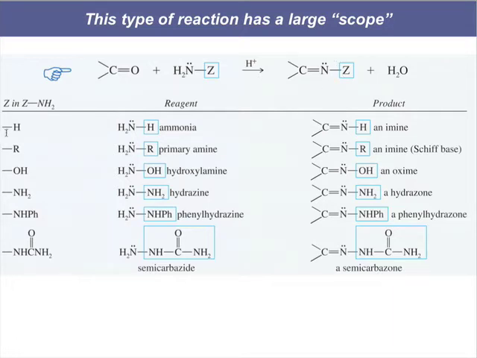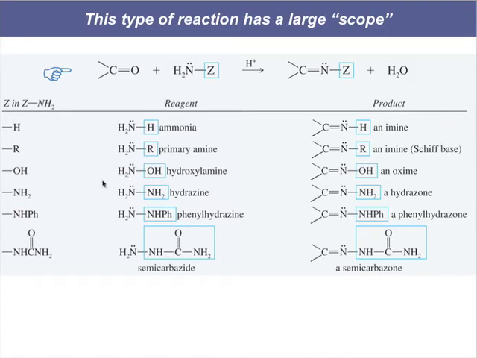If it's an H, so for example, H2NH will get us that. Then our product is an imine. We'll have C double bond NH. If it's an R, so H2NR, a primary amine would be our nucleophile here, then our product will have the C double bond NR. That's also called an imine, but specifically when that's an R group, it's called a Schiff base.